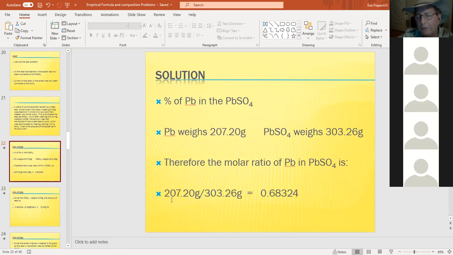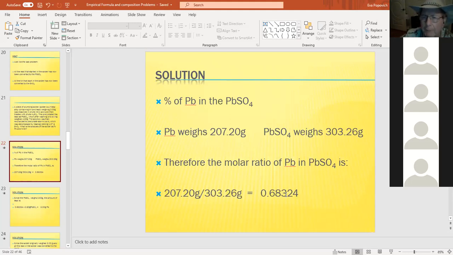So I've got the weight of lead is 207.20 divided by the total molecular weight, which is 303.26. That means the percentage of lead in lead sulfate is 68.324%.